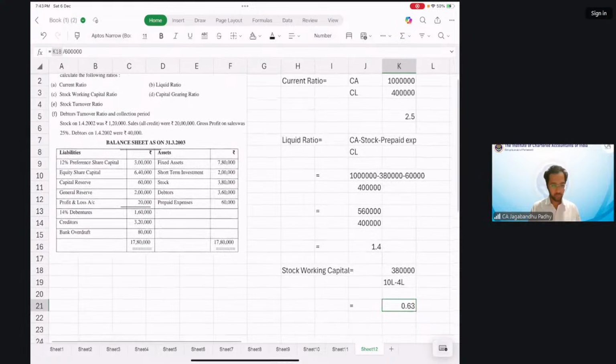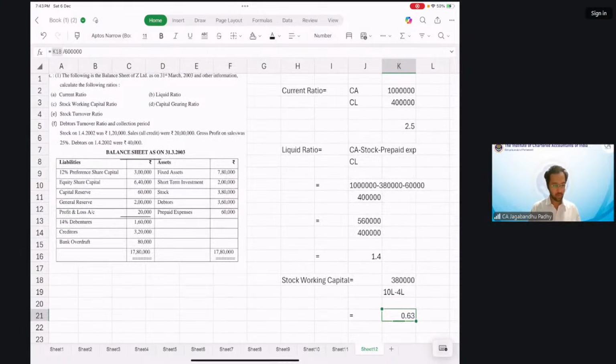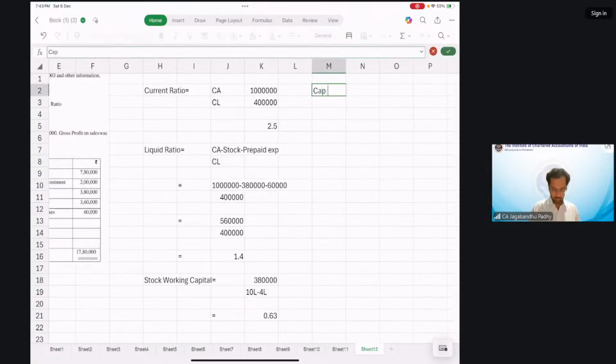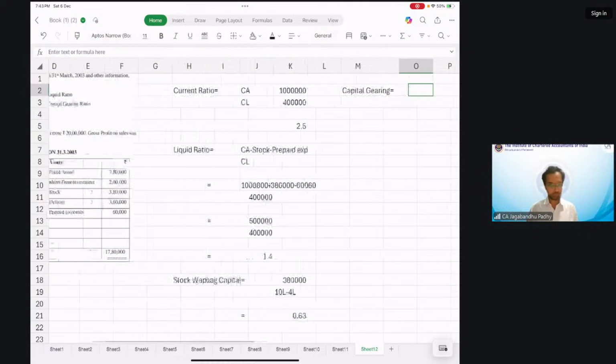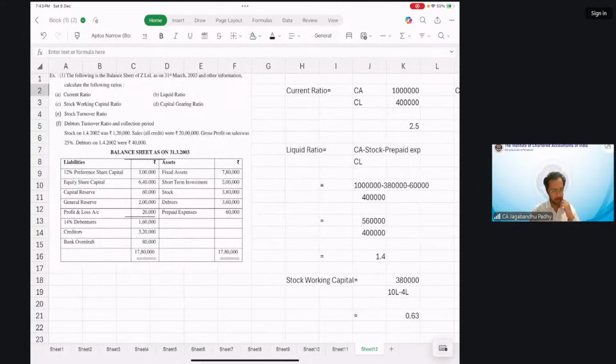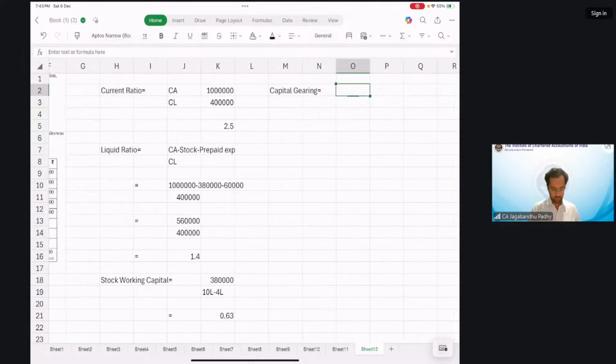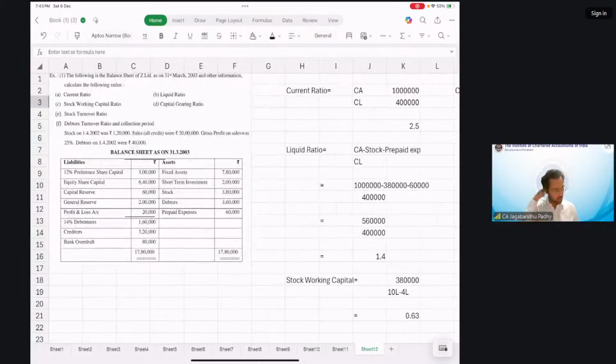Okay. Then we have capital gearing ratio. Capital gearing is going to be preference share capital plus the debentures. So it's 3 lakh plus 1 lakh 60,000 upon share capital and reserve.